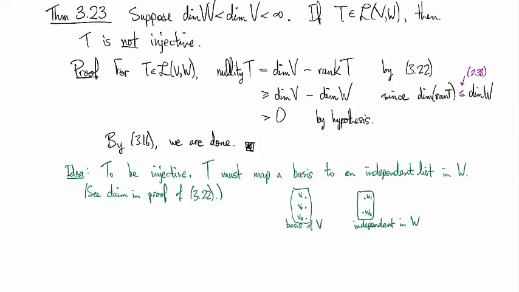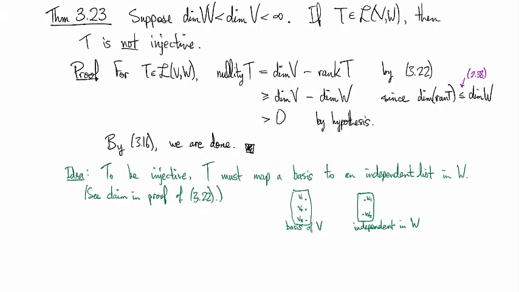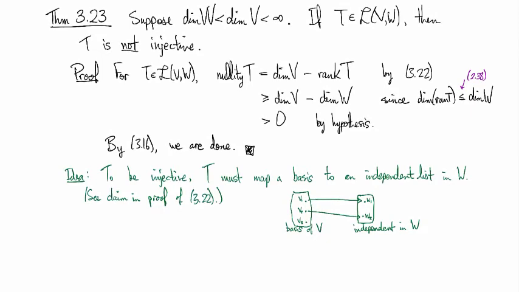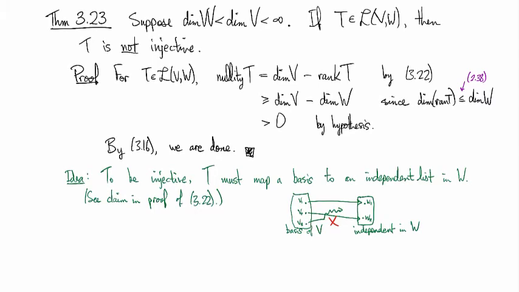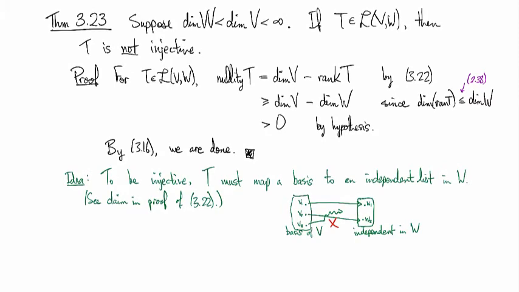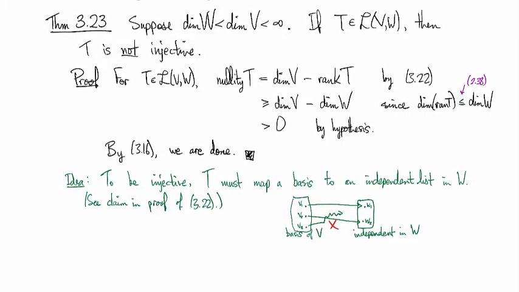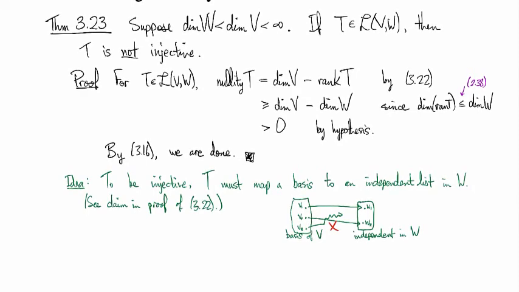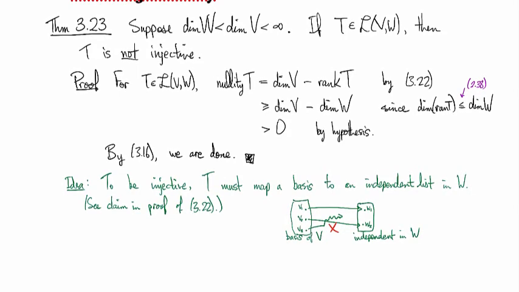And so then what you're trying to do is figure out how to map basis elements from V to an independent set in W in a non overlapping way, and very soon you figure out that there's no way to do it. It's for exactly the same reason that you cannot have an injective function from a set of 3 elements to a set of 2 elements, that you cannot have an injective linear transformation from a vector space of dimension 3 to a vector space of dimension 2. You run out of places to put stuff.